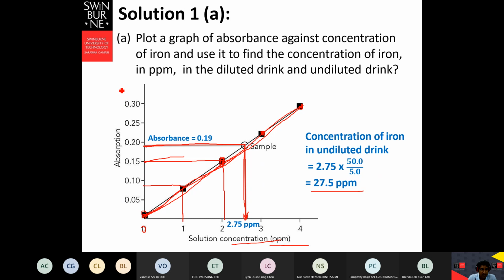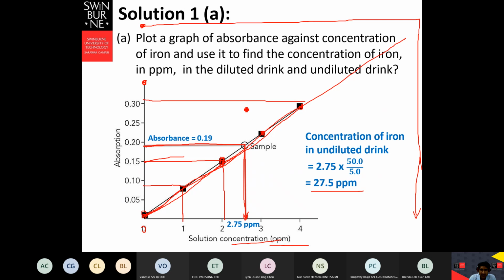But let's say we did not dilute the sample and we get an absorbance reading about here. We would have to draw this line here and bring it down, but the curve is not calibrated beyond this range.